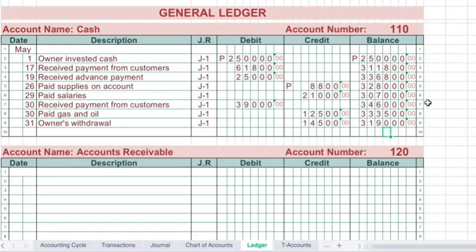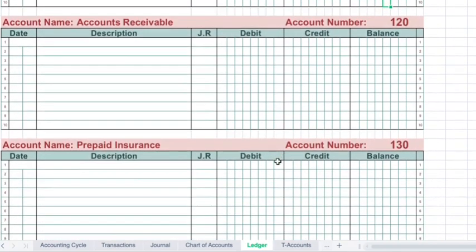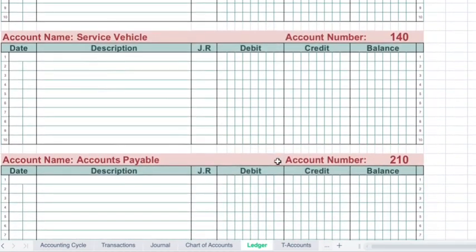So, re-record din natin yung mga transaction of each account as they transpire. As you can see. Okay. So, like what I've said a while ago, dito sa ledger natin makikita yung ending balances ng mga account natin. So, for cash, we have 319,000. So, ganun lang din yung gagawin ninyo sa accounts receivable, sa prepaid insurance, sa service vehicle.